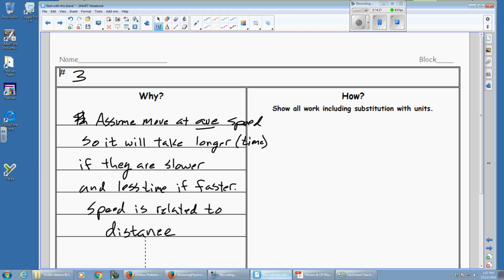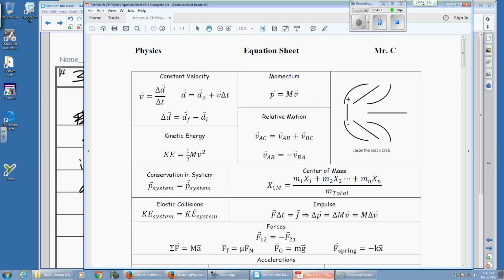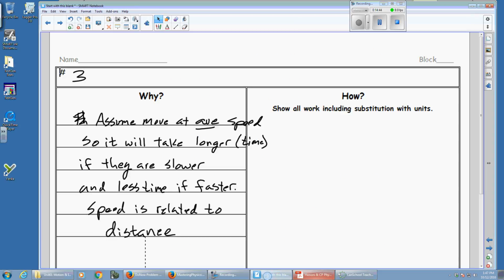So then now I'm moving over to my how, and I'm going to look and see, is there an equation in my section that talks about traveling somewhere? And I have this: D equals D naught plus V initial plus V delta T. So that's the equation I'm going to use.